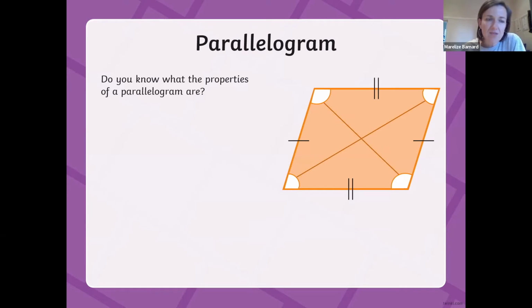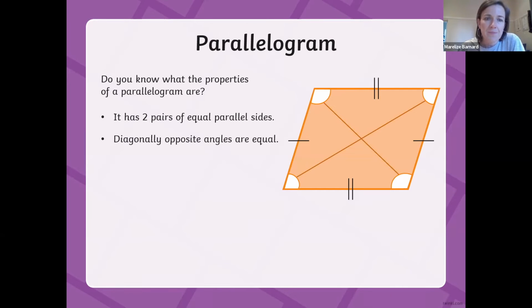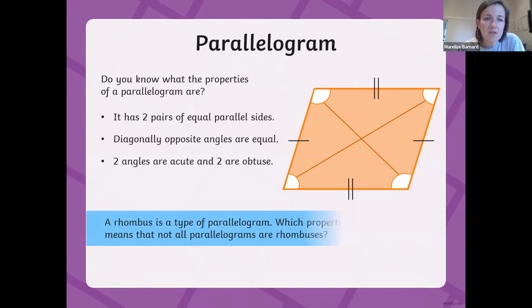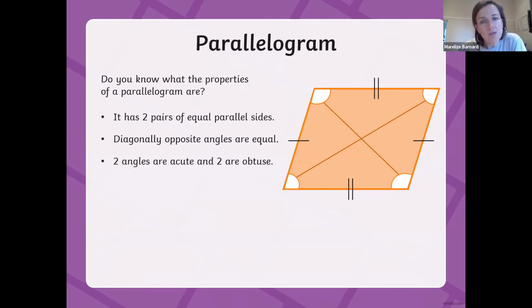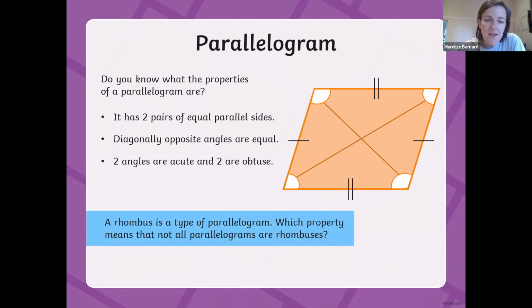The opposite angles are equal. Nice, you guys know your properties very well. Two pairs of equal parallel sides. Opposite angles are equal. Two angles are acute and two are obtuse. And a rhombus is a parallelogram.